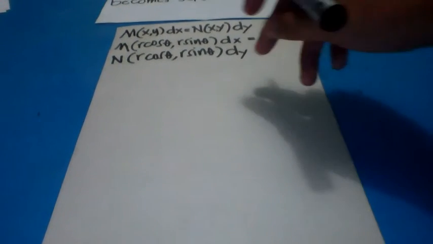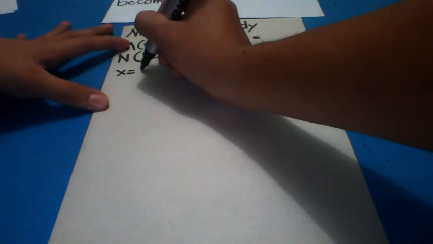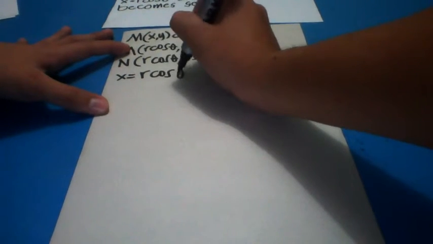Since we have x equal to r cosine theta, I'm going to find the dx.